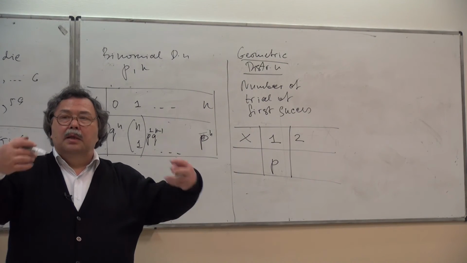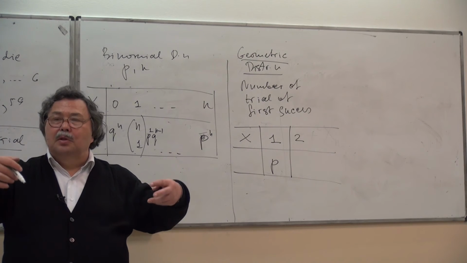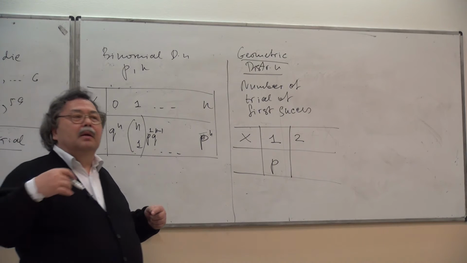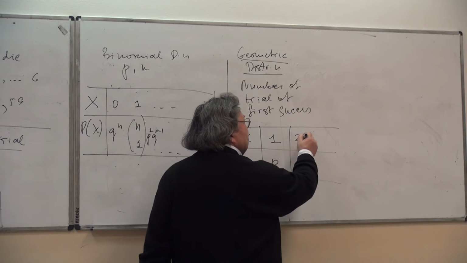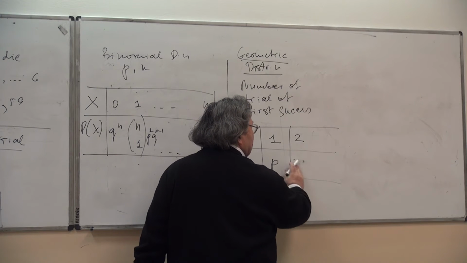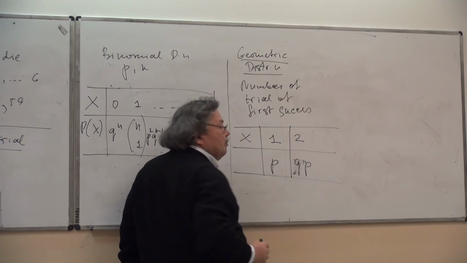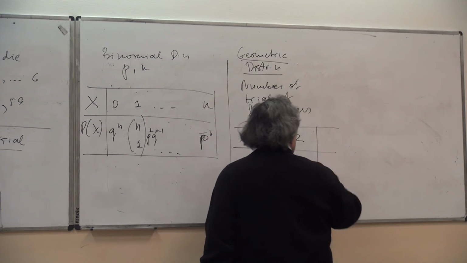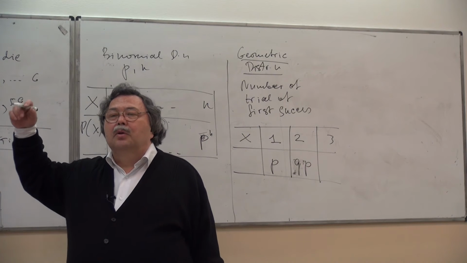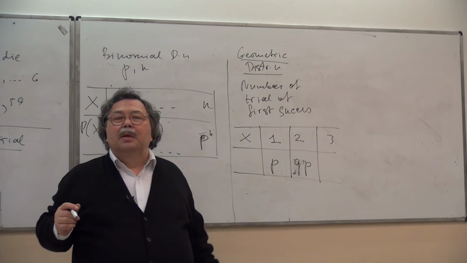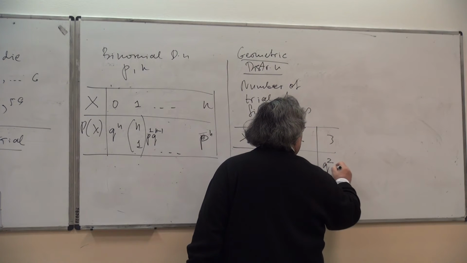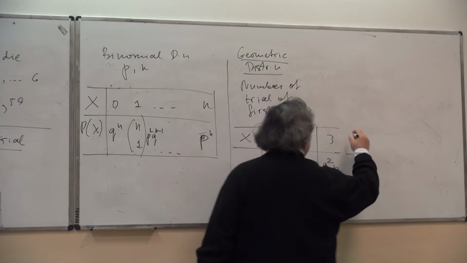For the second trial to be the first successful trial, the first trial must be unsuccessful, like this. And the second trial must be successful. And how can the first success occur on the third trial? Then we must have 2 failures in a row and then a success, which means that it's q squared times p, and so on.